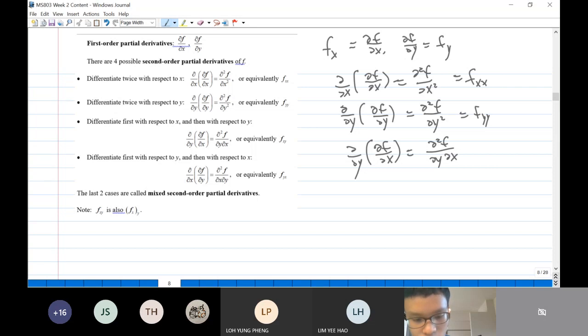So this is the first one, this is the second. The way to write this is f xy. The first one is x, the second is y.